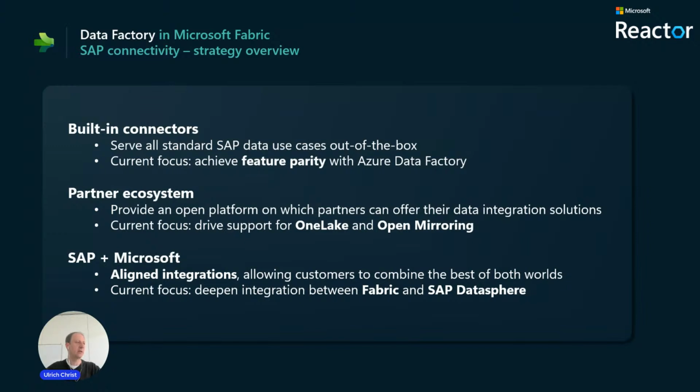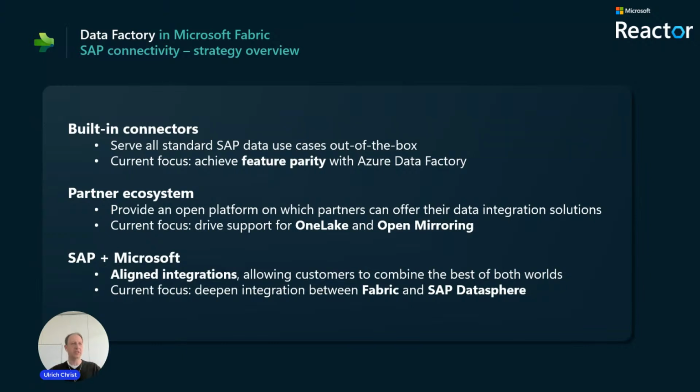And on this pillar, the third pillar, as I said, is alignment with the SAP strategy. We're currently working on a deeper integration between Fabric and SAP Datasphere, because SAP Datasphere is SAP's strategic product moving forward, now as part of SAP's Business Data Cloud, which is an even bigger announcement and a bigger product or solution which SAP is going to offer for data-related services on SAP data.